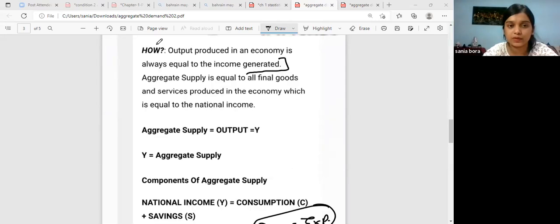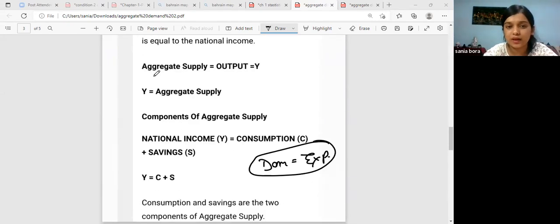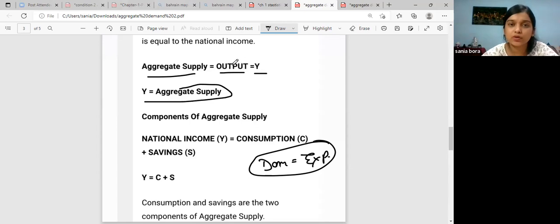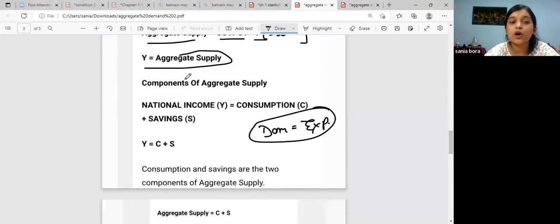So now, aggregate supply is basically your output, which is equal to your income. So Y is equal to aggregate supply. This you already know. Just remember, I will not always write income; Y is your income. Now, what are the components of aggregate supply? The components of aggregate supply are two: consumption and savings.